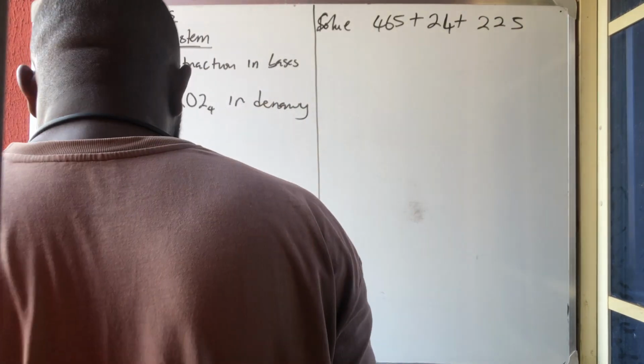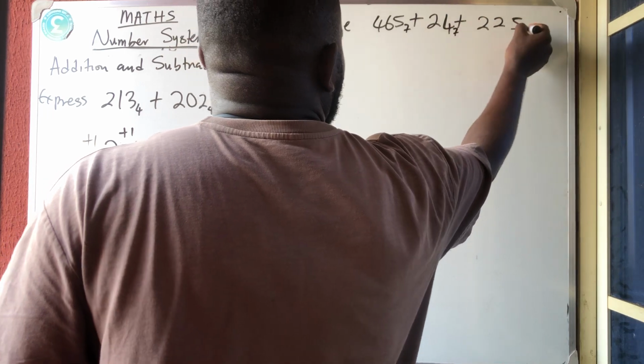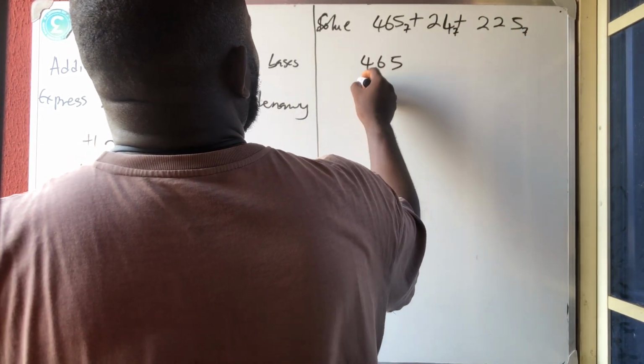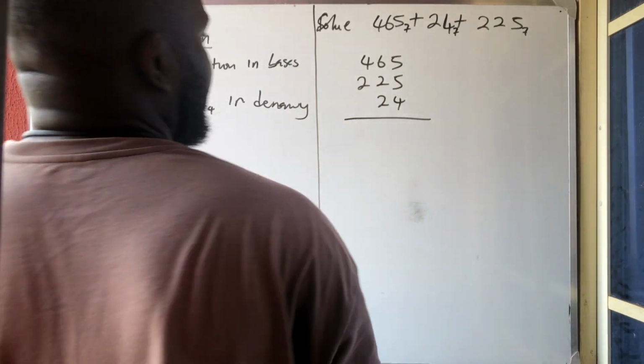They are all in base 7. So let us add. I'm having 465, 225, 24. You see the way I arranged my own.